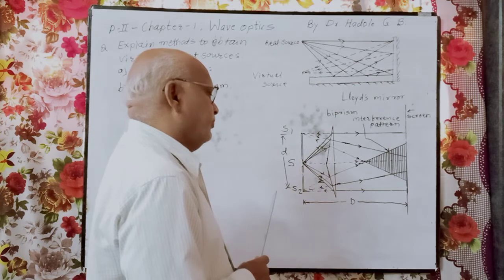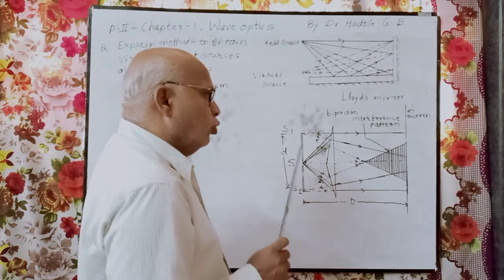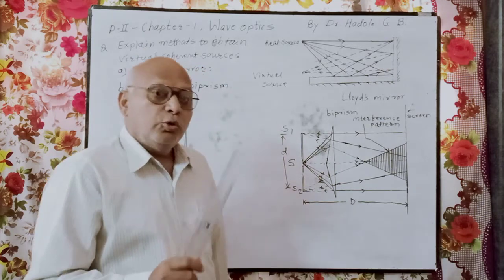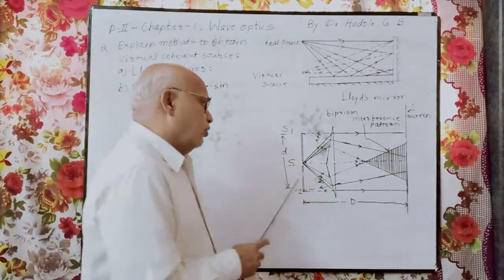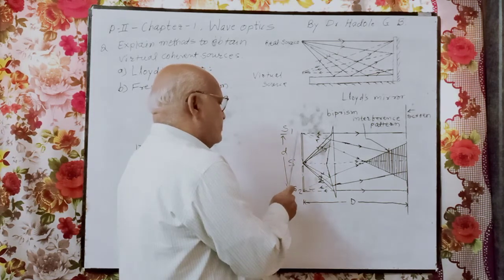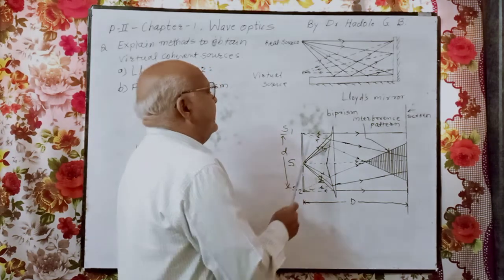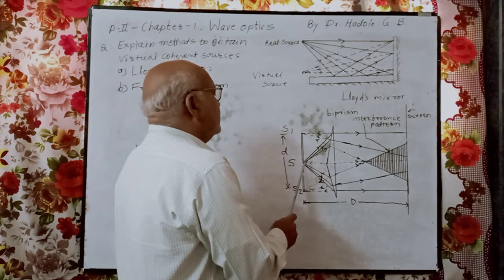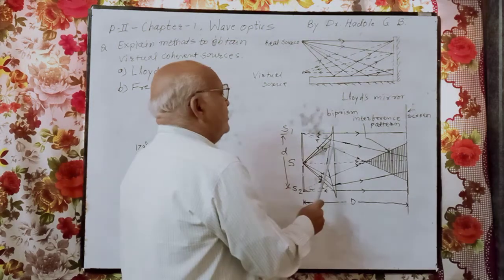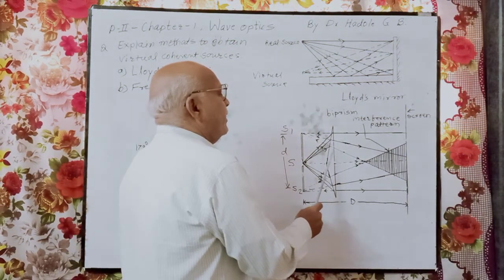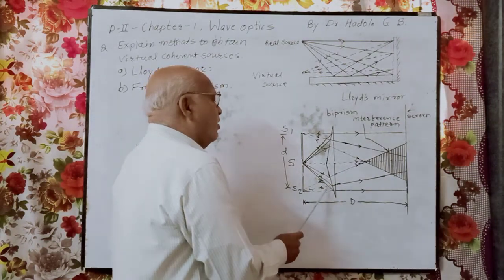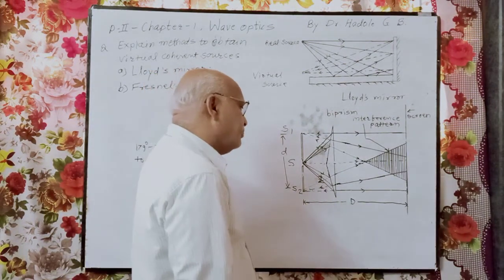Just see, we have said that to obtain any interference pattern it requires at least two sources of light. Now by this biprism the two sources of light S1 and S2 are obtained. Look here, these light rays are falling on the upper part of this biprism, and these three rays are incident on the lower part of the biprism.